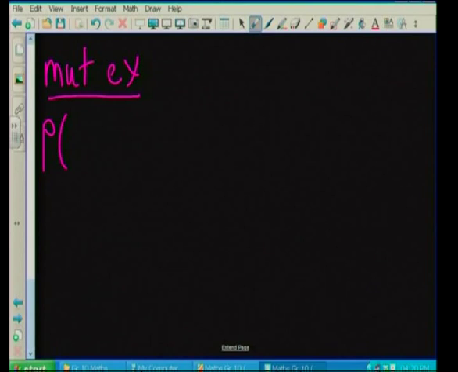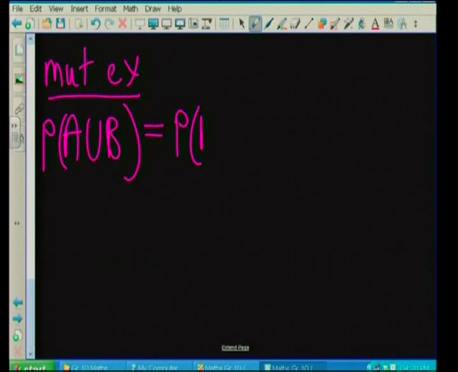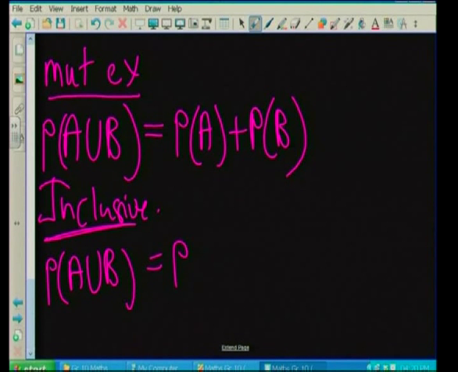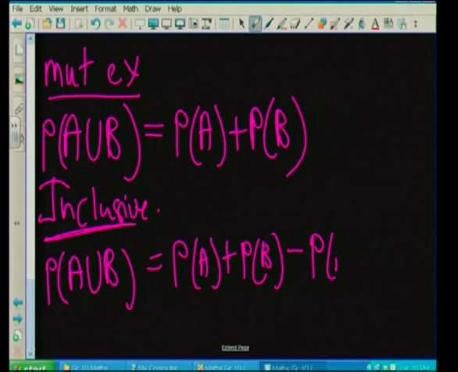The probability of A or B is the same as the probability of A plus the probability of B, because of course there's no intersection. If we are told that we are dealing with inclusive, we can say that the probability of A union B is the same as the probability of A plus the probability of B minus the probability of A intersection B.